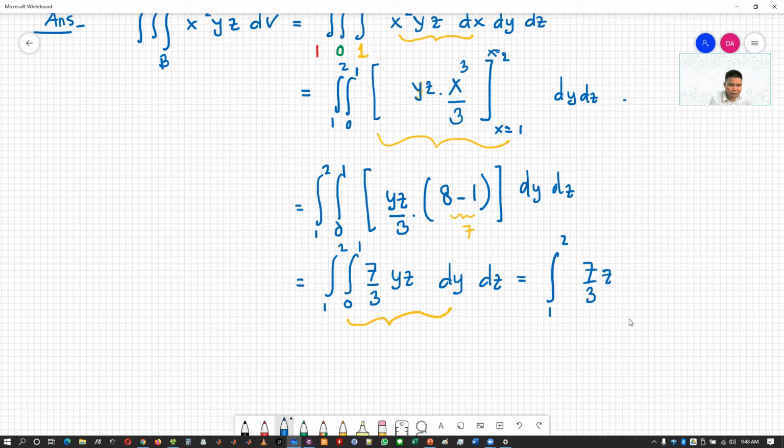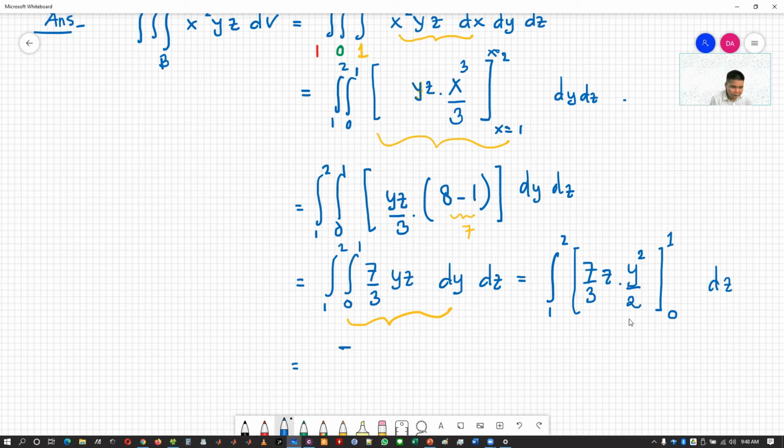I'll write it first, and then I integrate with respect to y, and it becomes y squared over 2. Now I put the boundary. Y is from 0 until 1. So what do we have?